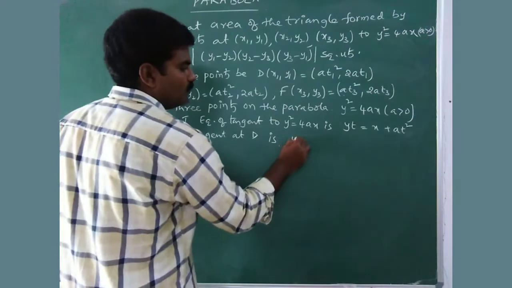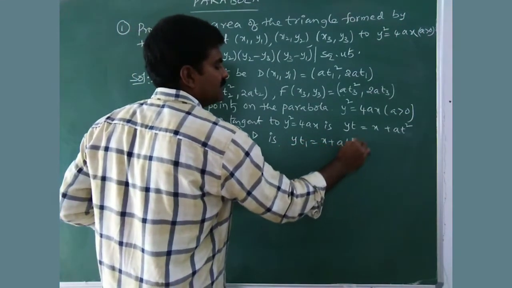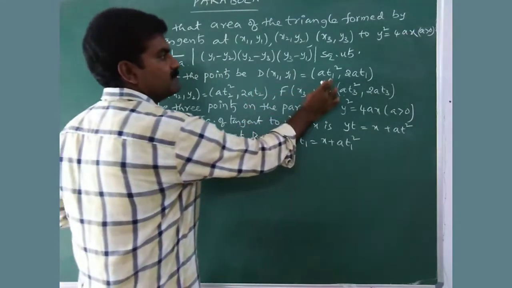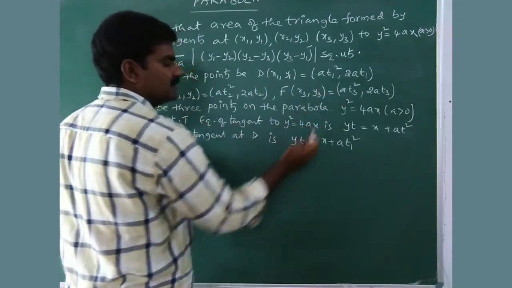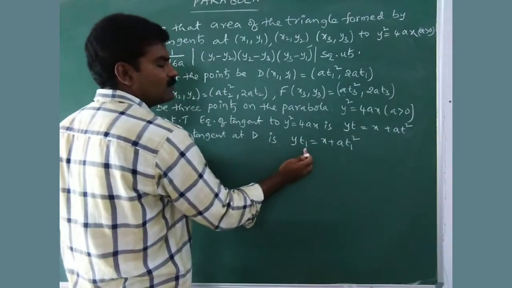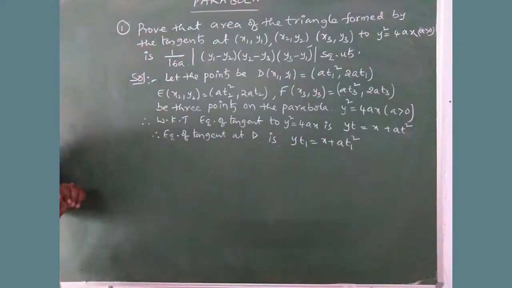Hence, yt1 is equal to x plus at1 square, at D, where D is nothing but t1.